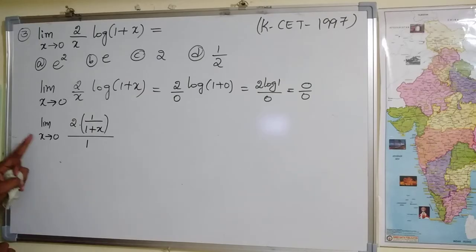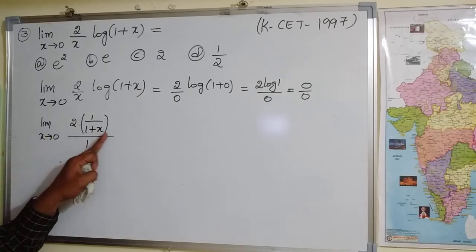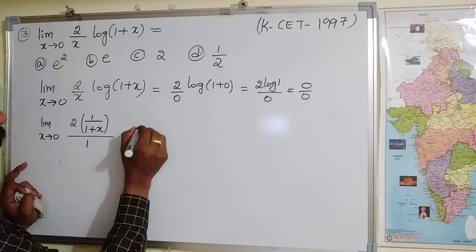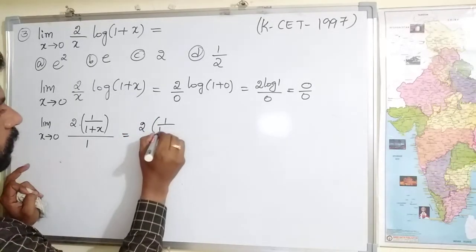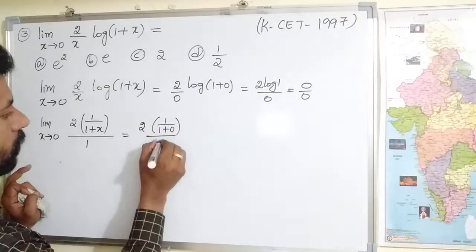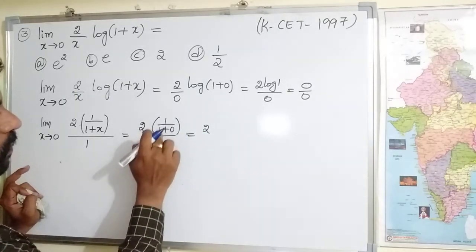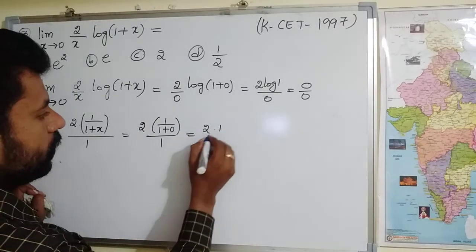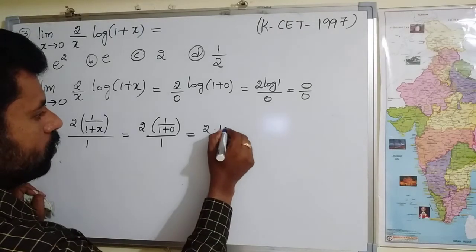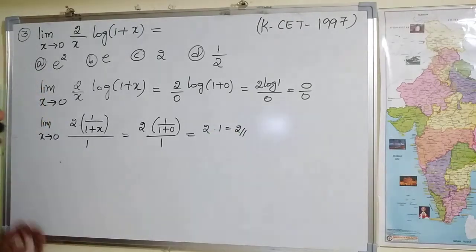Then substitute 0 in the place of x, we get 2 into 1 divided by 1 plus 0 divided by 1 is equal to 2 into 1 plus 0 is 1, 1 divided by 1 is 1, 2 into 1 divided by 1 is equal to 2. 2 is the correct answer, option C.